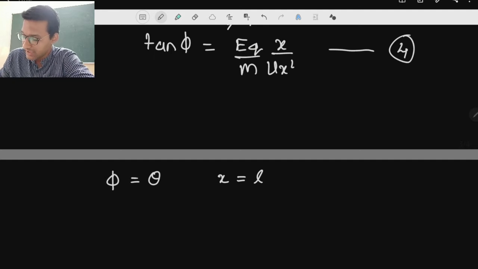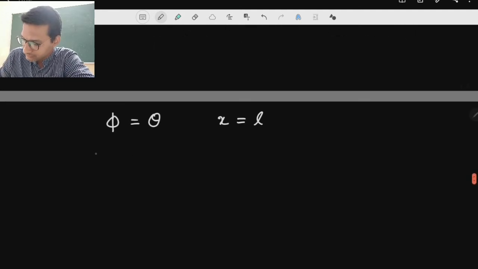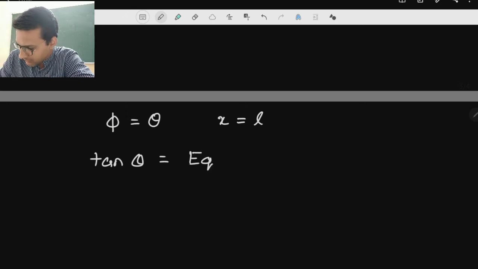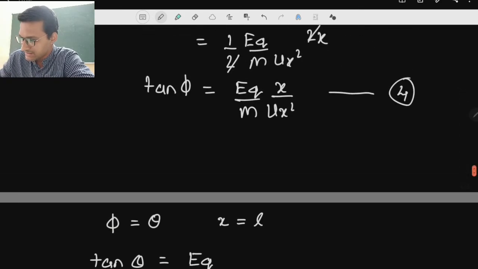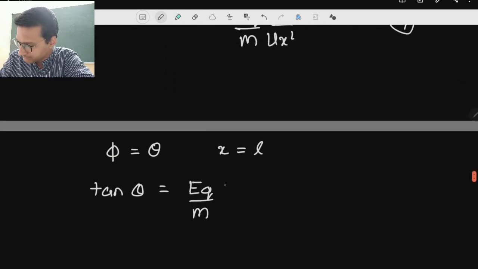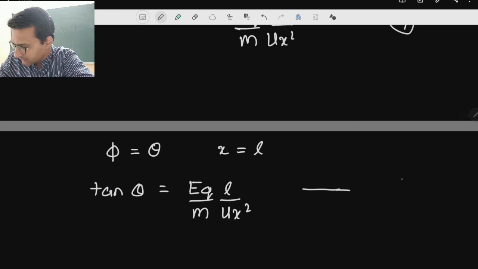So this tan theta will be eq by m into, in place of x we will have to put L by ux square. Let us call this equation number 5.